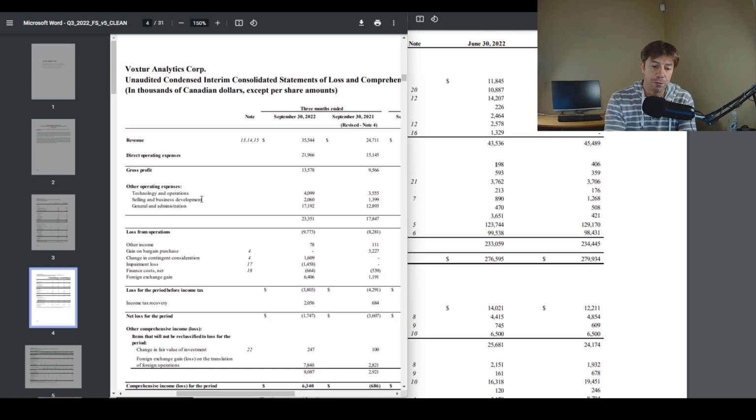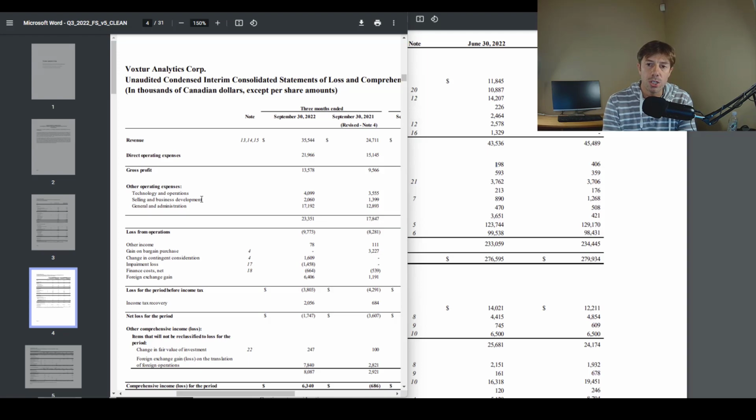We could take that 4.1 times 0.38, and it would equate to almost 1.6 million. It would flow straight to the bottom line, straight into adjusted EBITDA, and you know that without that revenue, adjusted EBITDA was negative 1.4. Now it would have been positive.